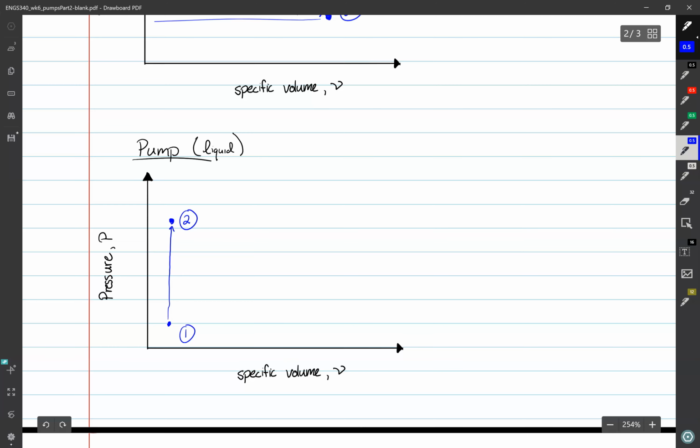It does change a little bit. As we go up to a higher pressure, the volume will decrease a little, but not a lot. So we're almost perfectly vertical. And similarly, that area is the work of our pump.